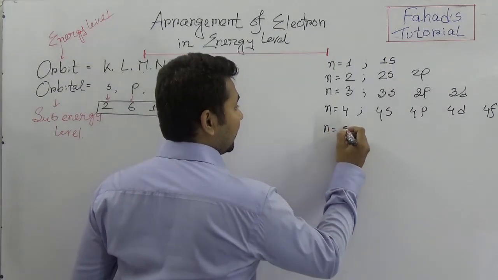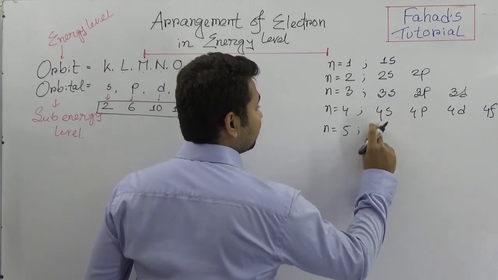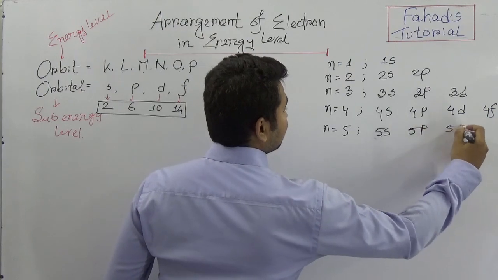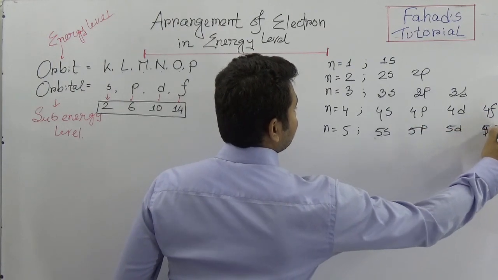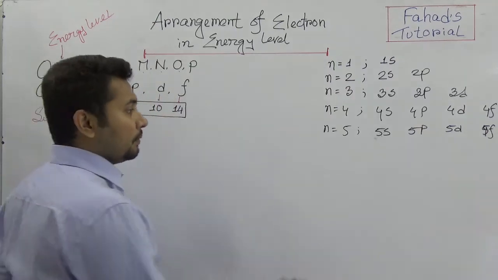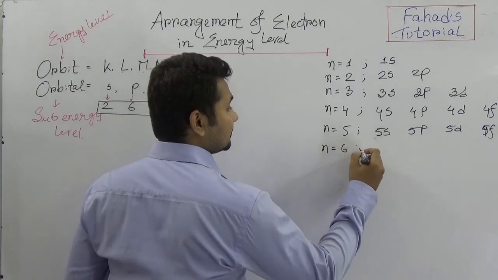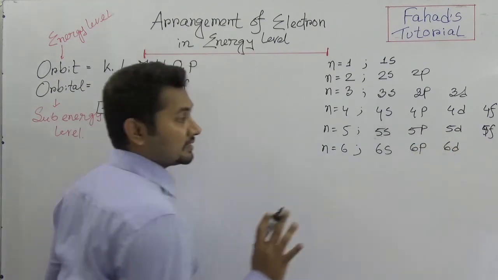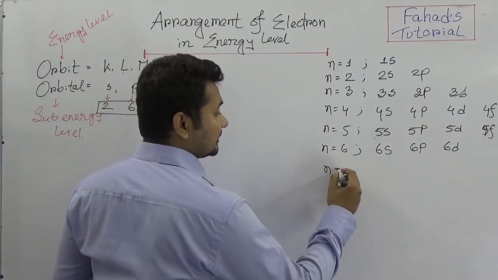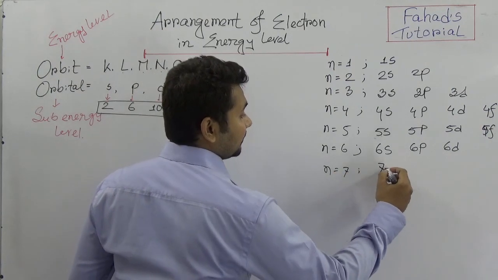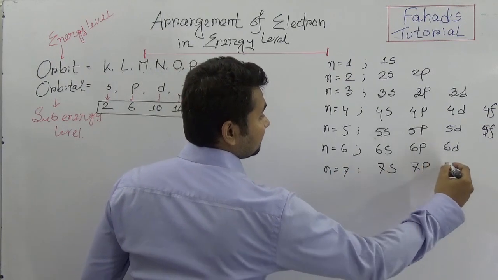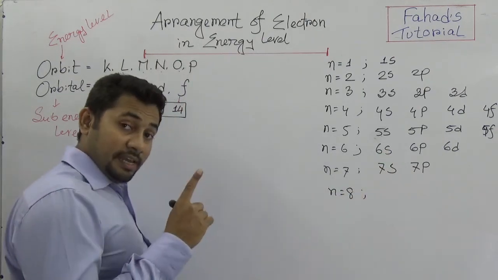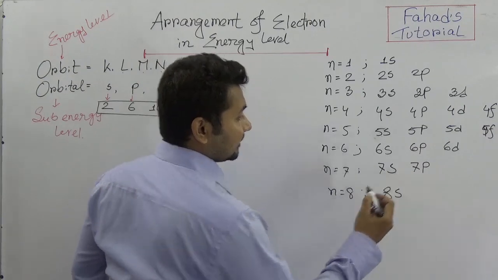So n equals 5, here we have 5s, 5p, 5d, 5f. And then when n equals 6, we can have 6s, 6p and 6d. When n equals 7, we can have 7s, 7p, and then n equals 8, it will be 8s.